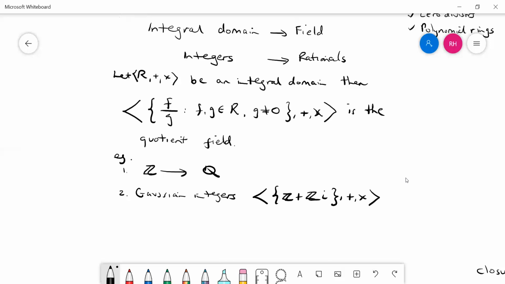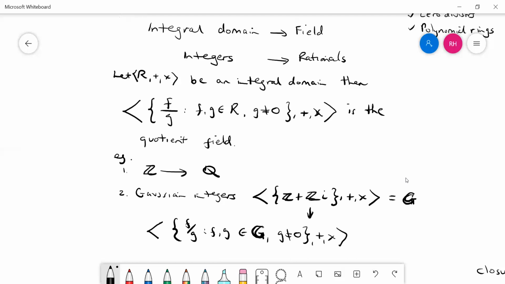We'll call this funny G. The quotient field would be the set of F on G, such that F and G are now elements of this Gaussian integer set, and G is not equal to 0, with plus and times.